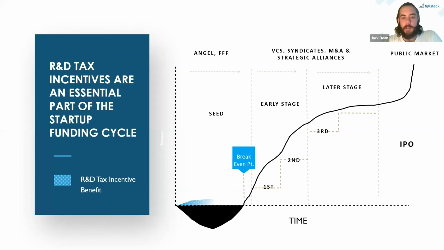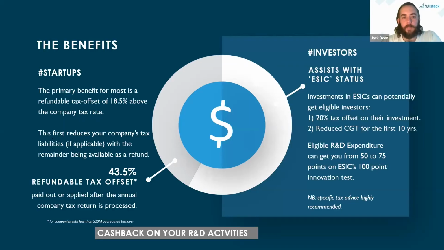R&D tax creates a very useful cash injection for loss-making startups, generally for the first few years. It can also assist with other programs, such as receiving points for the early stage innovation company concessions that will provide your investors with benefits, which I will get to as well.